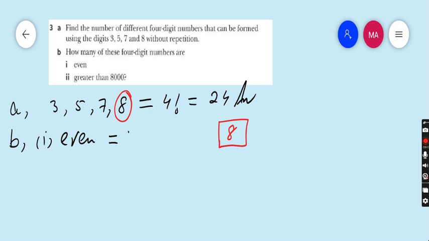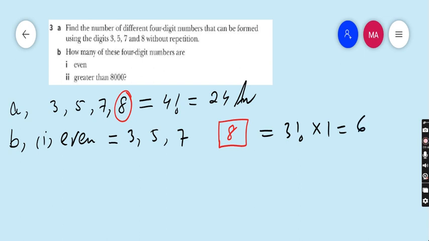The remaining digits are 3, 5, 7. If we fix a number in any position, we will not count that number. And you know, we say the number is even if the last place is an even number. So 3, 5, 7 can be arranged in 3 factorial ways, multiplied by 1 for the fixed 8.